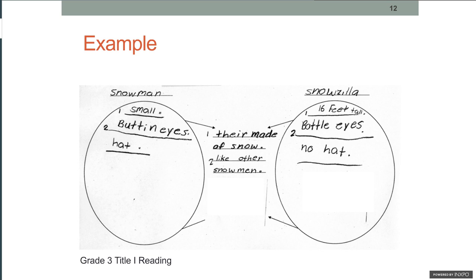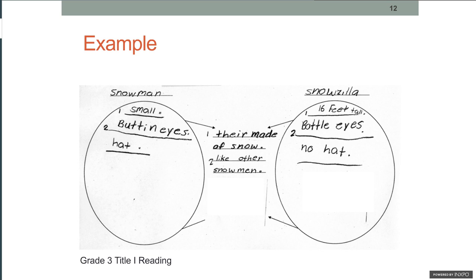So this little girl may be at risk for reading, but she can think, right? We have evidence of it here. And then, again, don't pay attention to the numbers because she didn't count right. But she does have one similarity. A snowman and Snowzilla are both made of snow, like other snowmen.